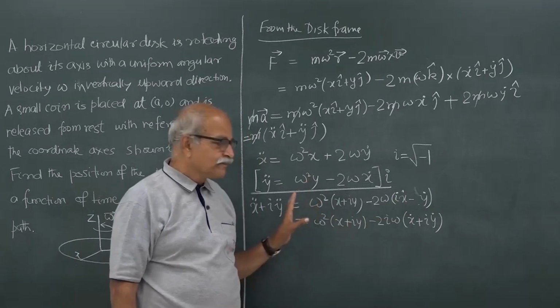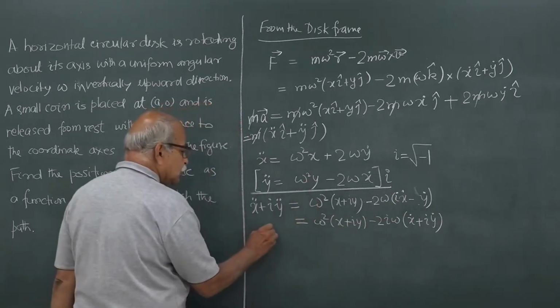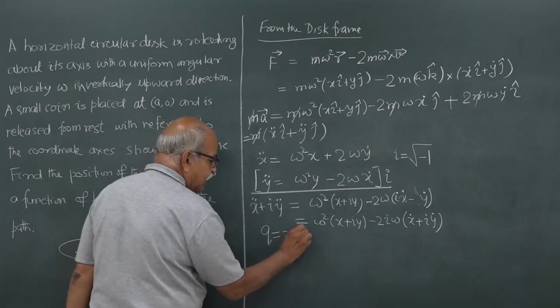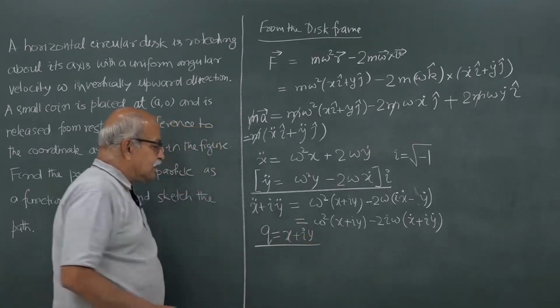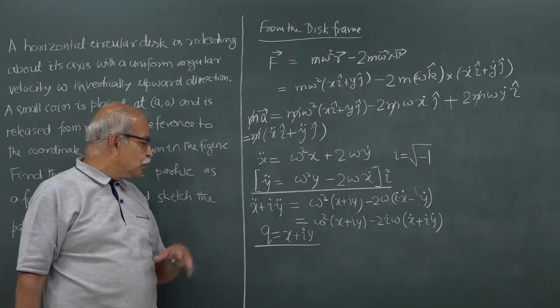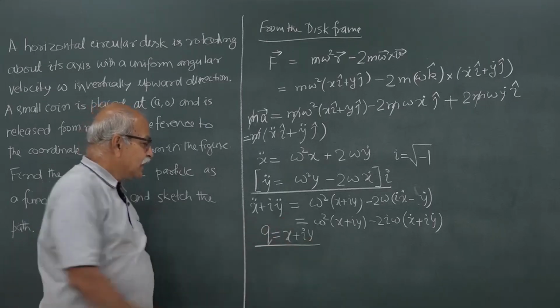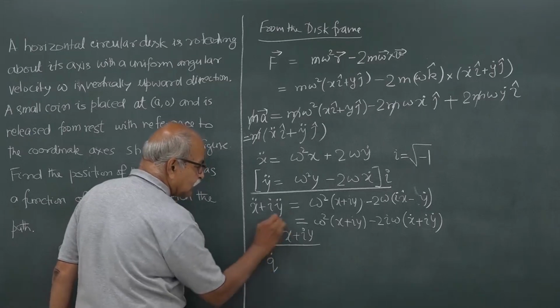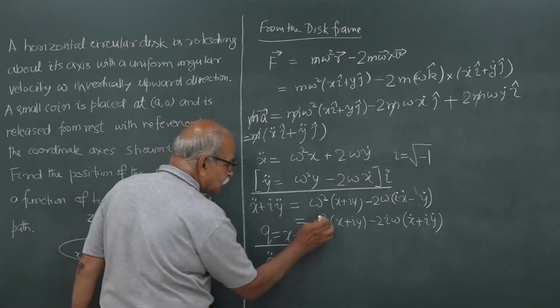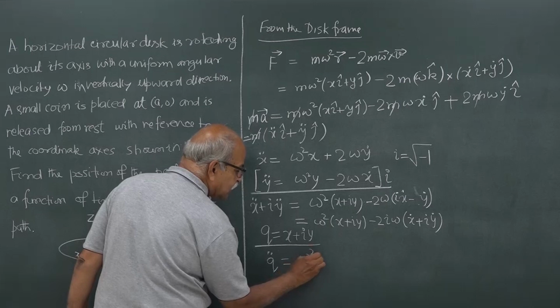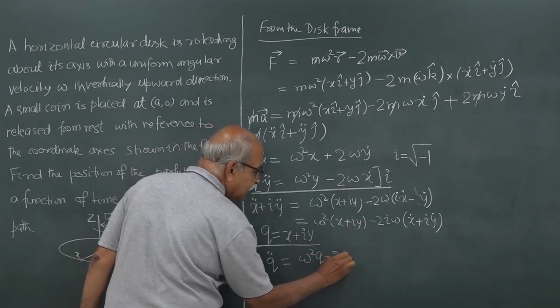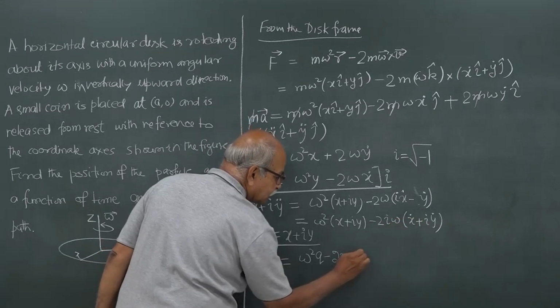So this is it. Now define q, which is x plus iy. Let us define this quantity q, which is x plus iy, and then it is q double dot equal to omega square q here minus 2 i omega here, and this is q dot here.